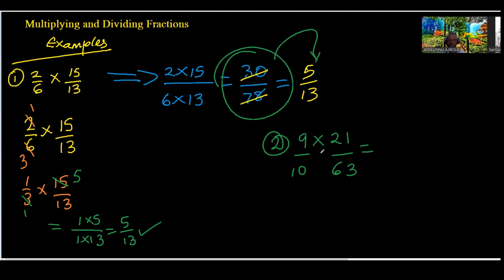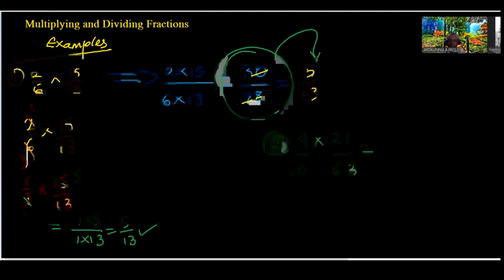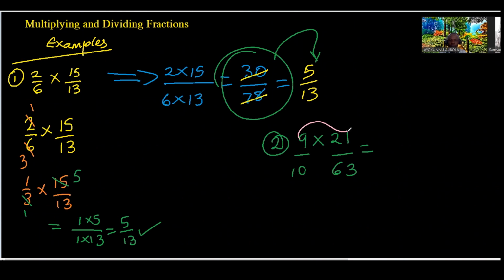Instead of multiplying 9 and 21, I will not multiply, but I will consider the top and the bottom. Is there any factor common to them? Yes, 9 is common. 9 here, 1. How many 9 is in 63? That is 7.